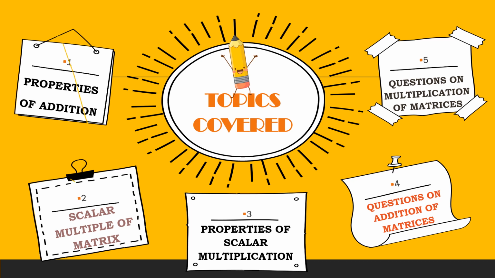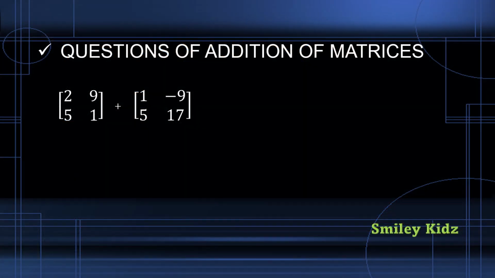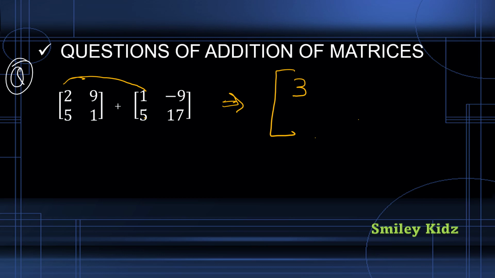Now here we completed 1, 2 and 3. Now we're going to dive into the questions of addition of matrices. Here we move to question number 1, which says 2, 9, 5, 1 plus 1, minus 9, 5 and 17. Now if you're going to add them up, it's going to be 2 plus 1, which is 3, right?